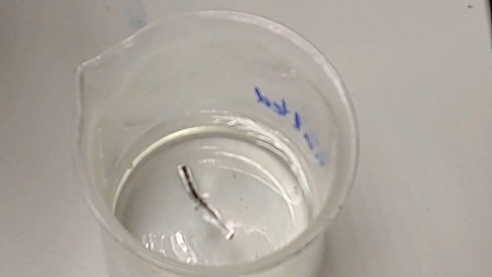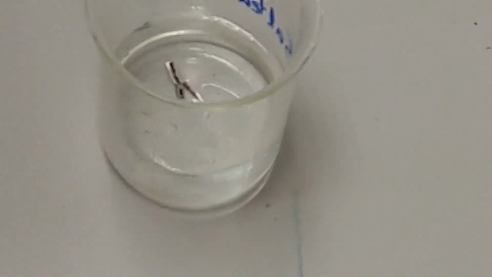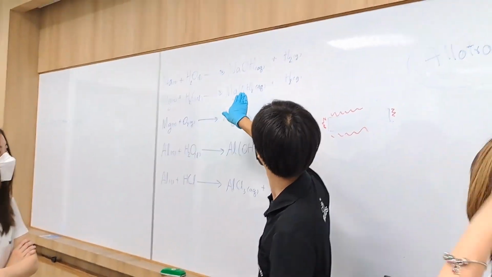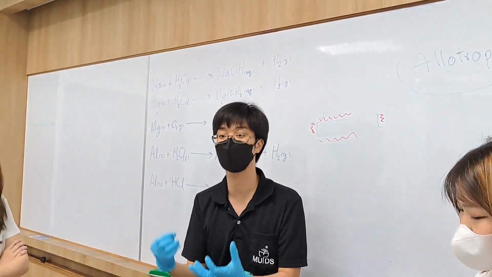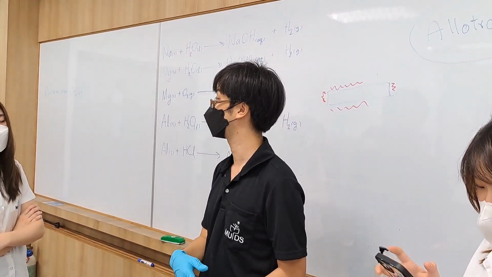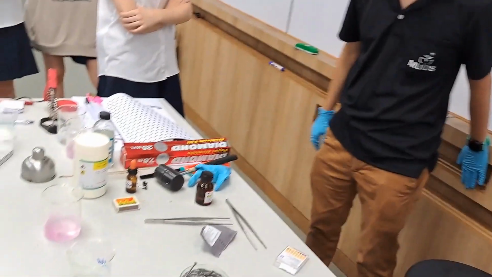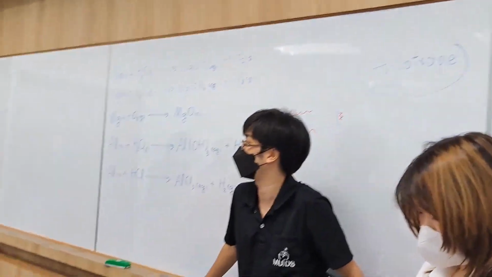So they do react, and the reaction is similar. It's magnesium with water. It forms hydroxide, the base, and hydrogen gas, but the reactivity is way slower than group 1. Okay? Why? What is the valence number of group 1?